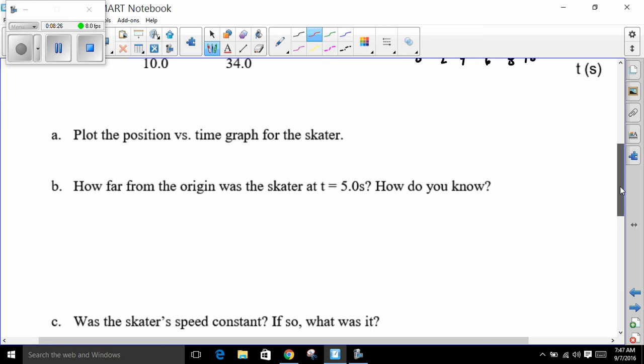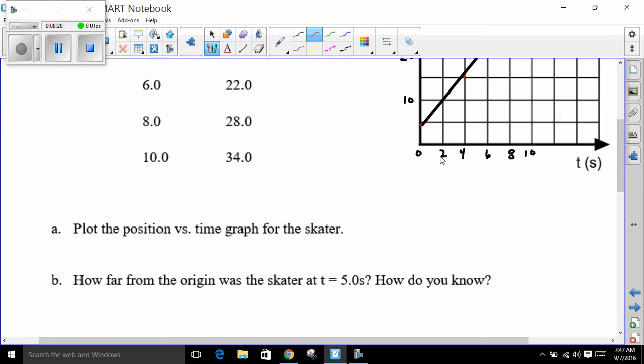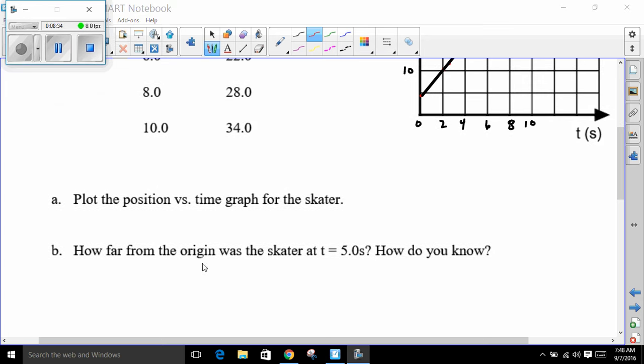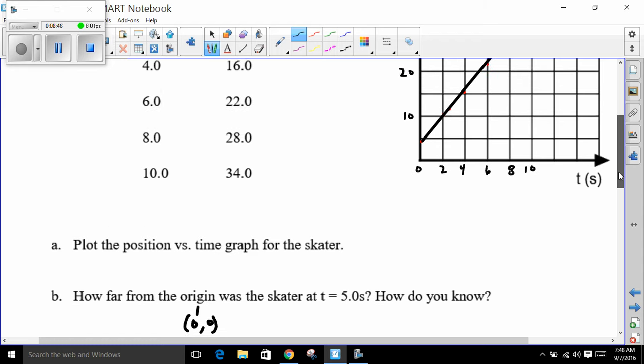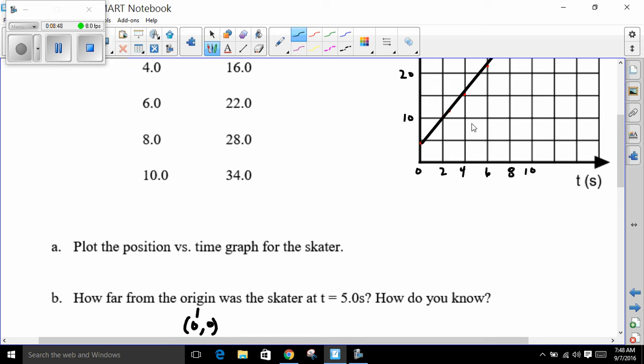Okay, the origin requires a little bit of discussion. So where is the origin? Generally speaking, the origin is going to be considered to be 0, 0, not the starting point. So what we would do is we would go across to 5 seconds, and we would come up and read the graph. So we're somewhere through here.